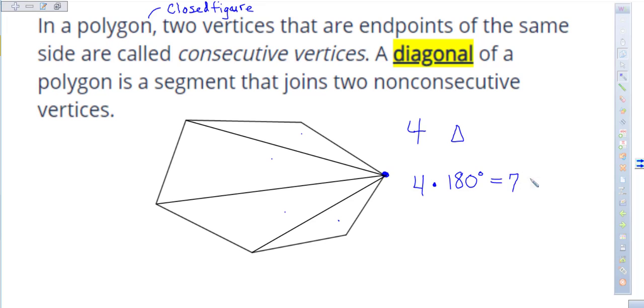So if I wanted to know the measures of all of these angles added together, it's going to equal 720 degrees. And I could also name this polygon. The polygon that I started with had 1, 2, 3, 4, 5, 6 sides. So 6 sides, so it's really a hexagon.